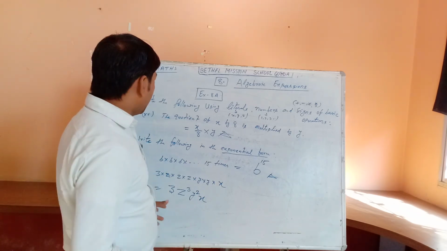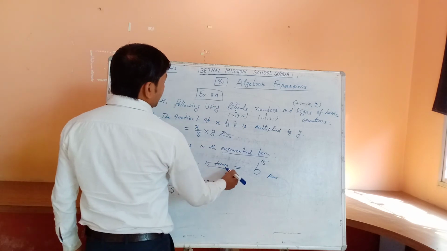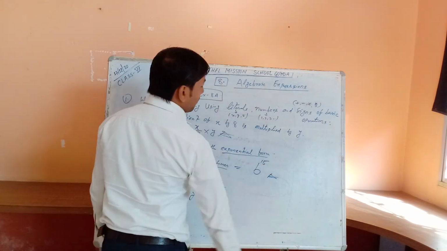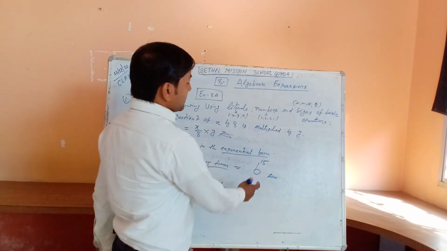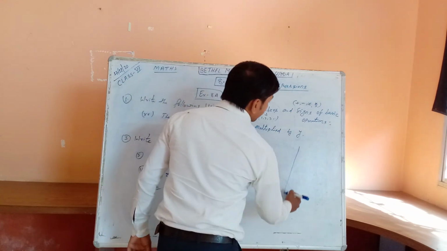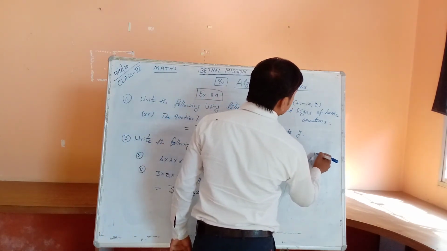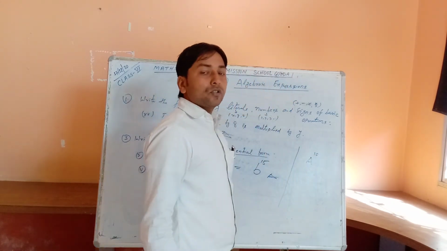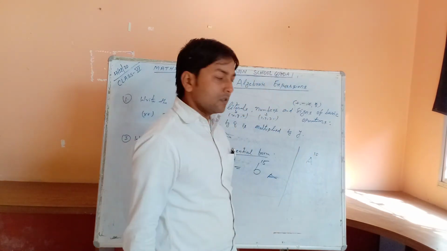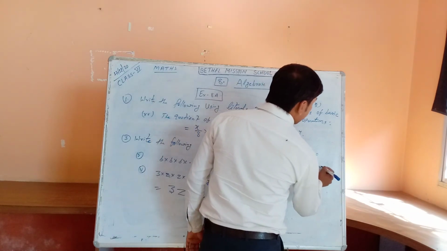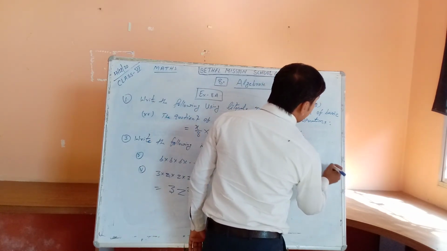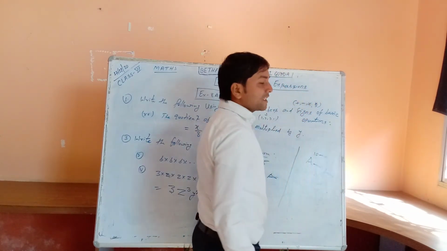Very easy. You have to count how many times it is given and write it in the power form. Any number written as a to the power of something is such that a is called the base and the power is called the exponent.